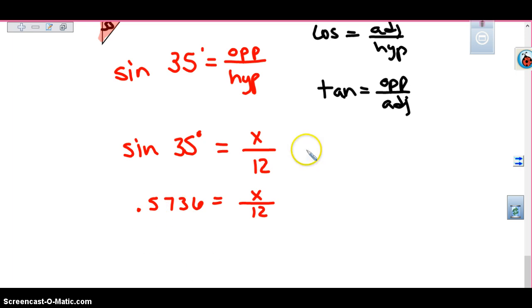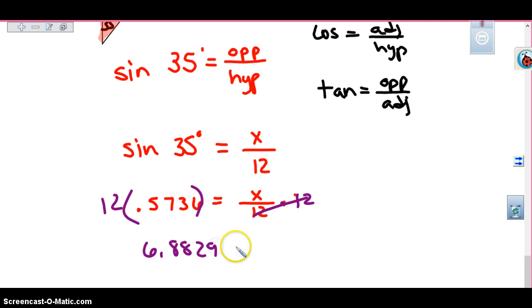Now we can multiply times 12 on both sides to solve for x. And I get that x is equal to 6.8829. And we can round this to the tenth and say that x is equal to 6.9.